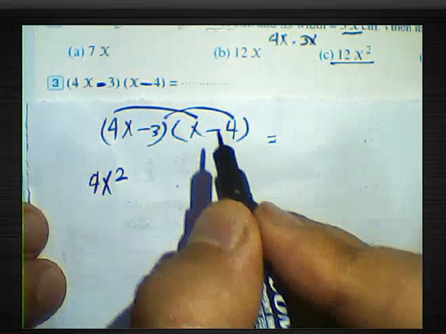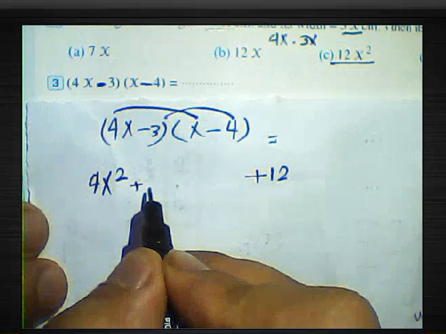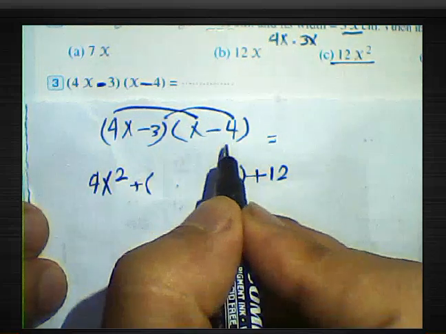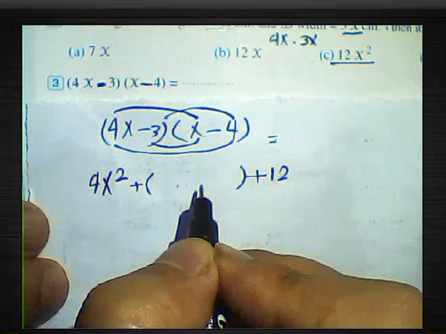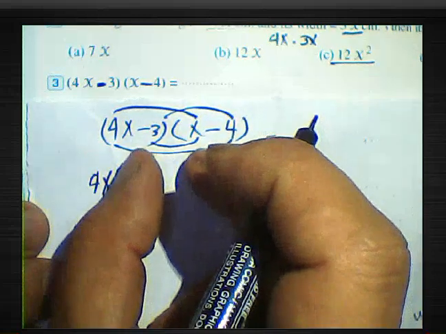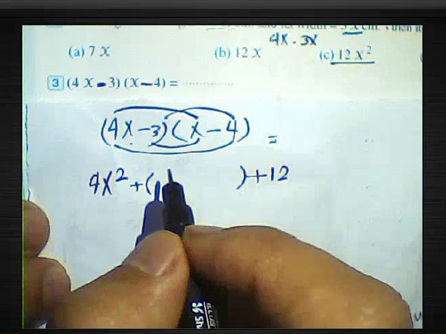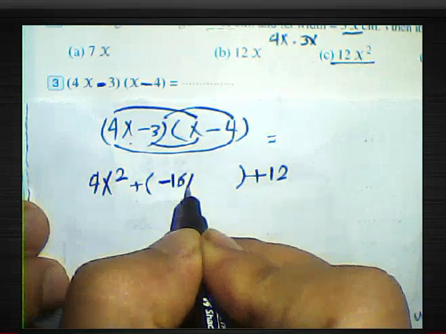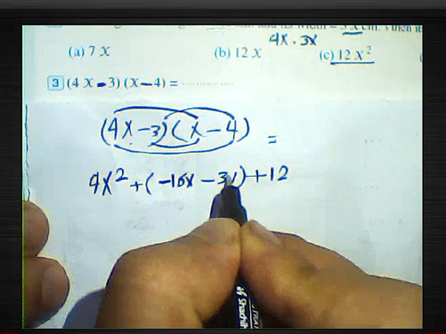Negative 3 times negative 4 equals positive 12, and for the middle term we can find the extremes and means, then find the product of them, and then find the result. 4x times negative 4 equals negative 16x, and negative 3 multiplied by x equals negative 3x.